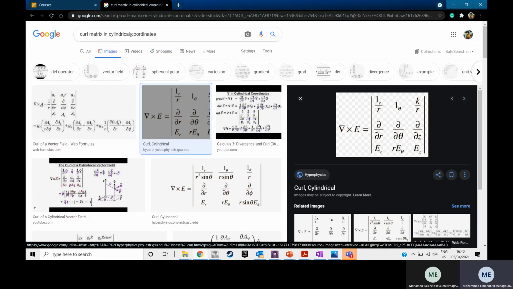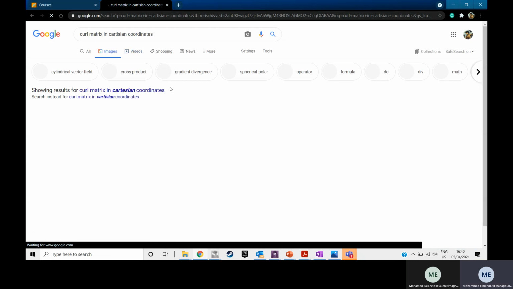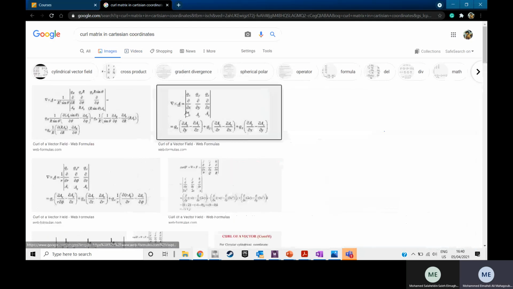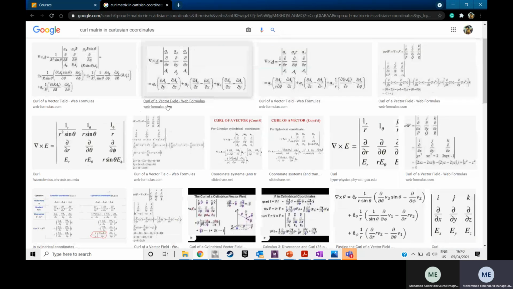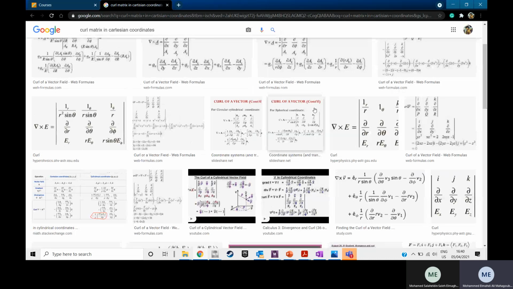But for the curl matrix in Cartesian coordinates, the unit vectors do not have any derivatives. So yeah, it's just like that. No r, just i, j, k. That's it, in Cartesian coordinates. In cylindrical coordinates, there are some manipulations, and also here we have r, here we have r sin. Okay, and also in spherical coordinates it will be different.